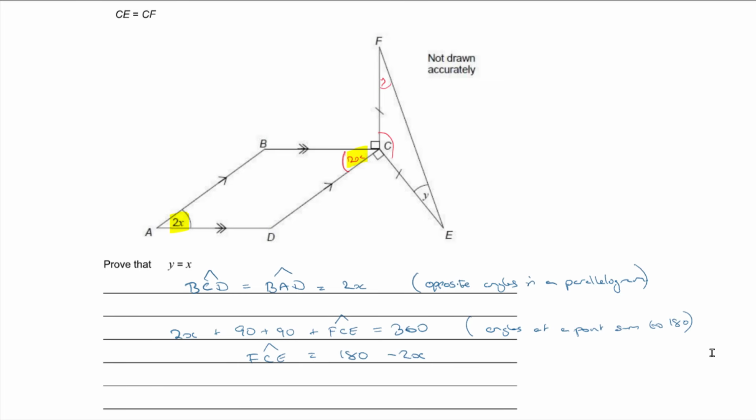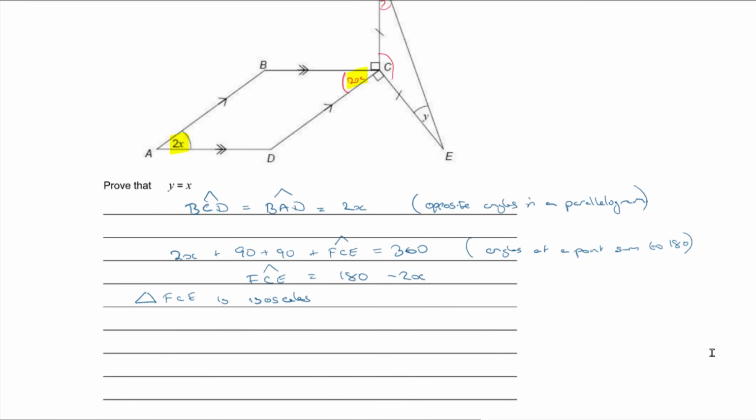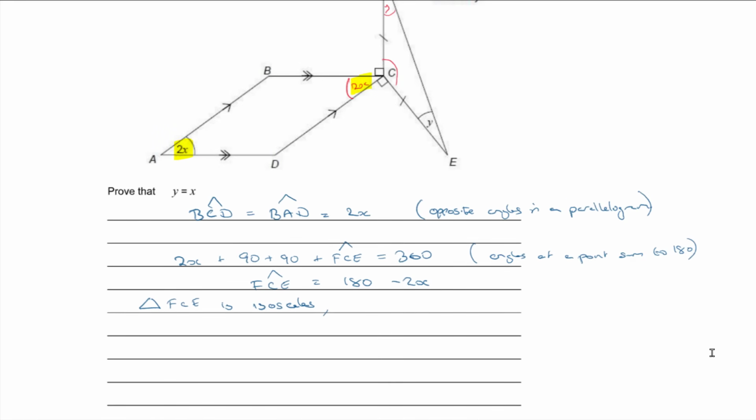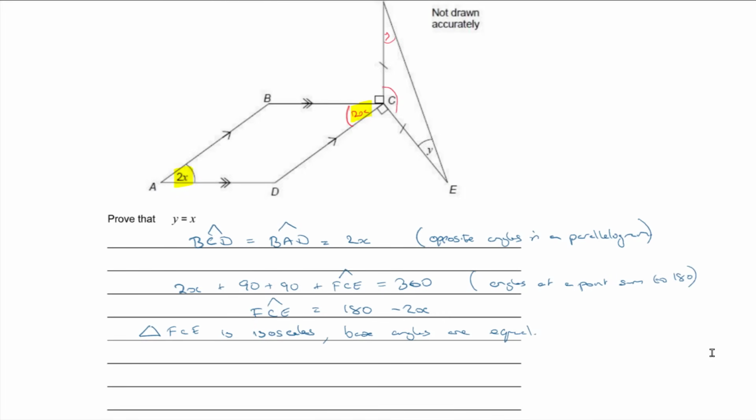So triangle FCE is isosceles. So what does that tell me? If it's isosceles, base angles are equal, so that angle there is y.